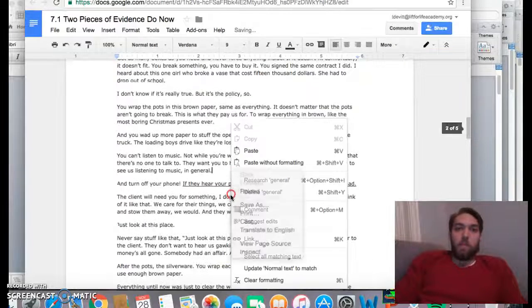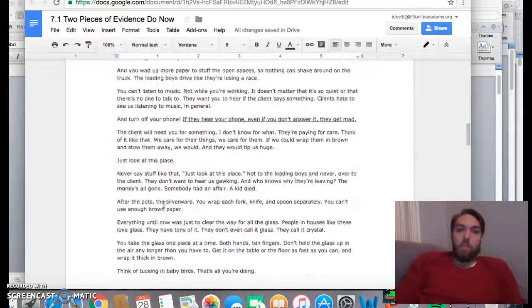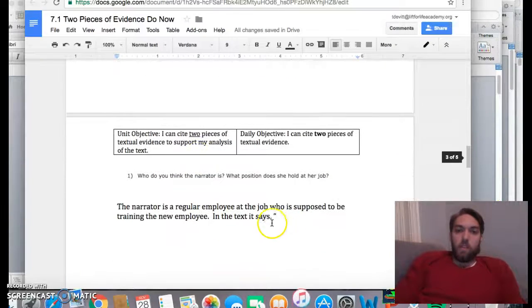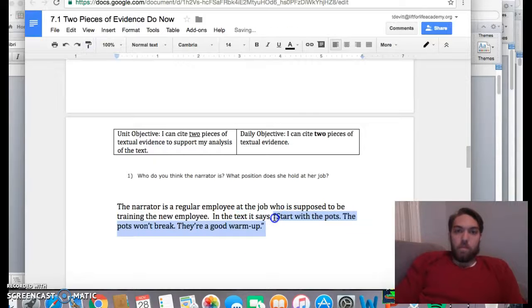and like I said, I pulled out my first quote already when I was reading this. I underlined it. Start with the pots. The pots won't break. They're a good warm-up. Okay? So I'm going to copy that just because I can, or you can write it word for word, either way. Paste it so it's a little bit quicker. And let's make it all the same format. Okay, now I need my explanation.